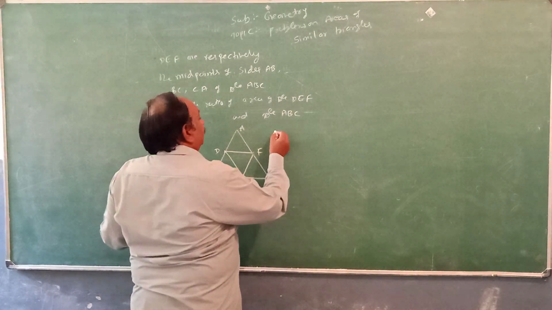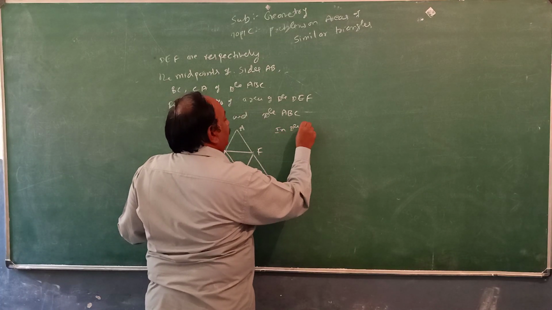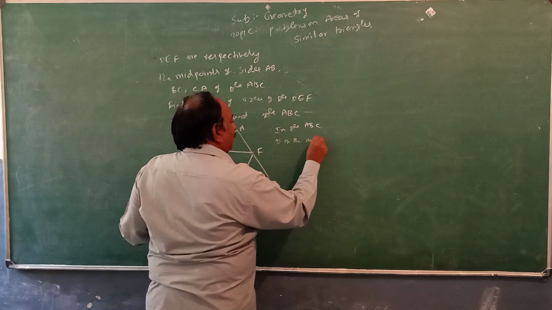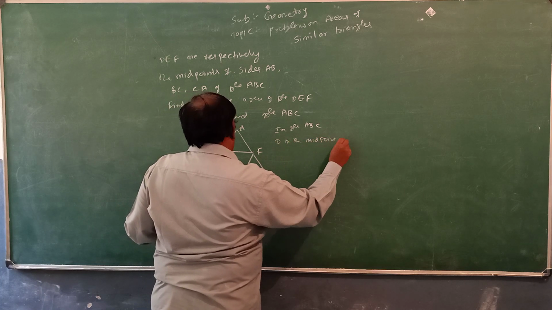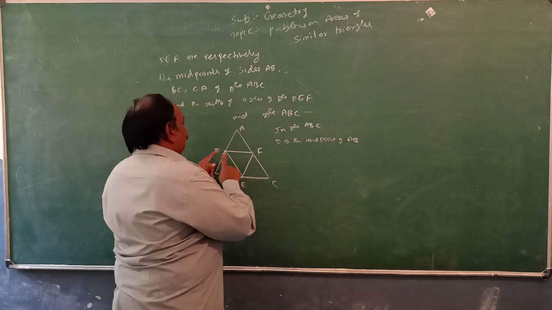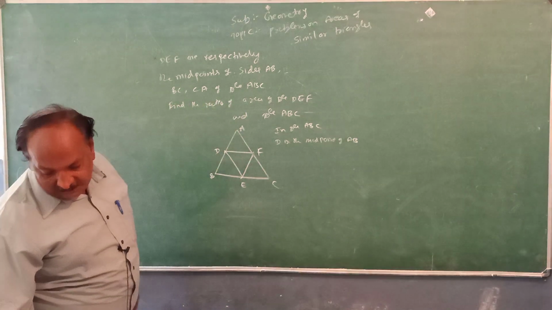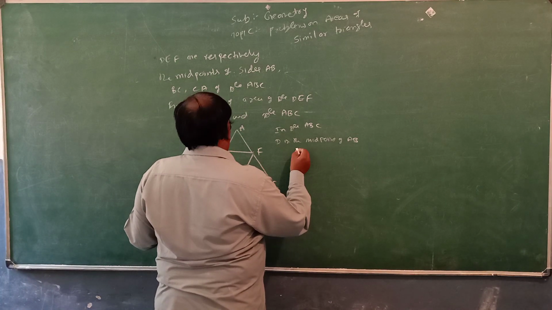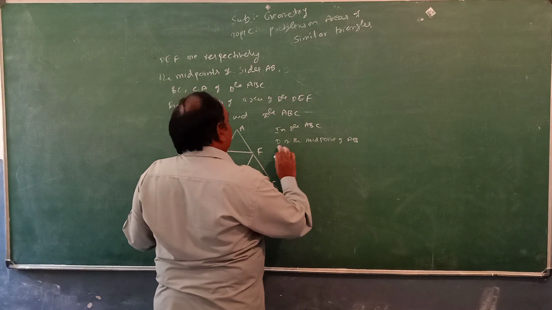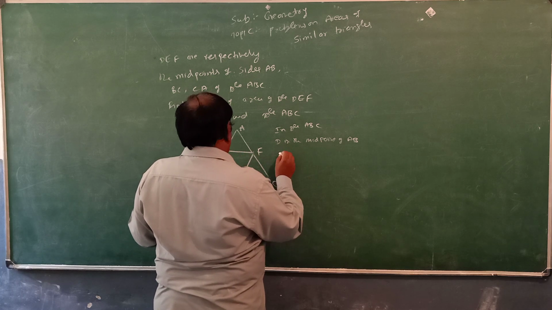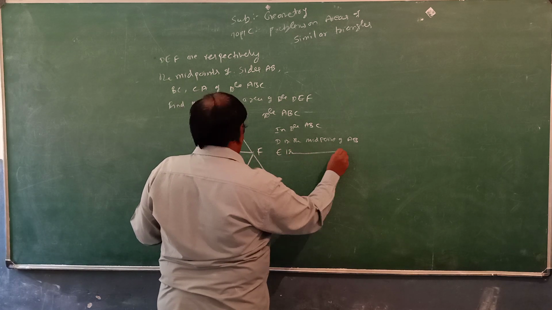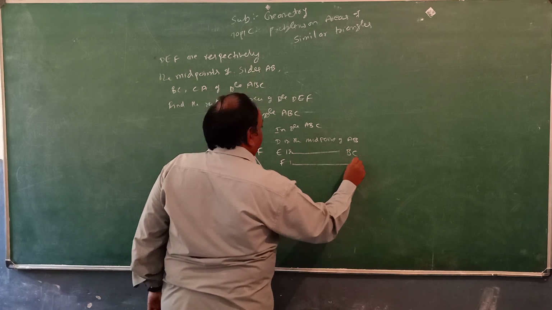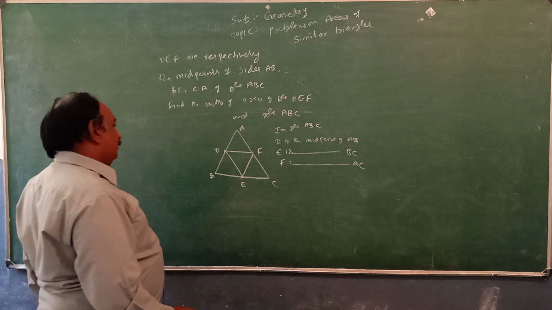So, in triangle ABC, D is the midpoint of AB, E is the midpoint of BC, and F is the midpoint of AC.